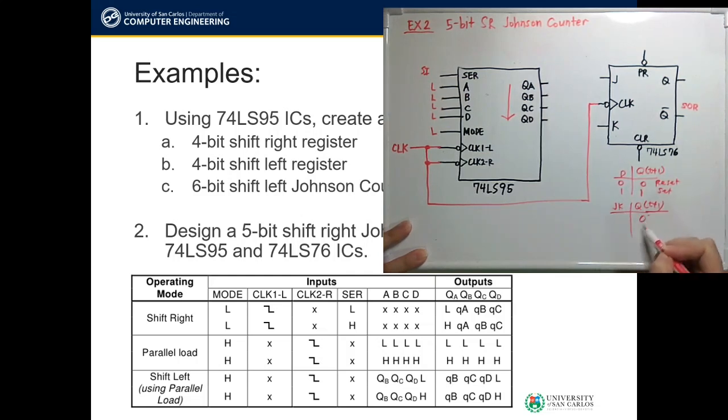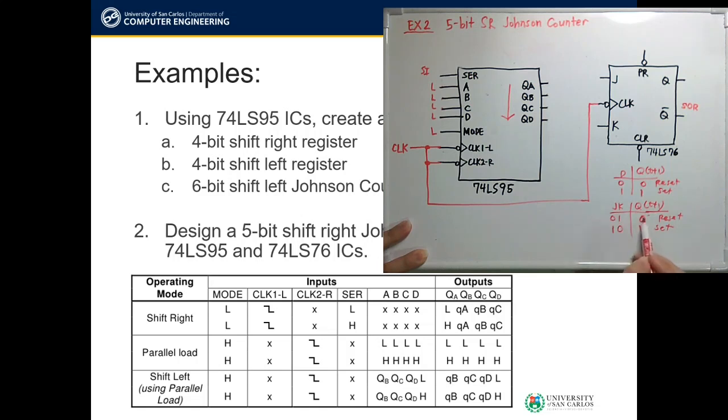So this is reset, this is set, and to get the reset, J must be 0, K must be 1, and to get the set output, this must be 1 and this must be 0 for J and K respectively. So you can look this up in the characteristic table.